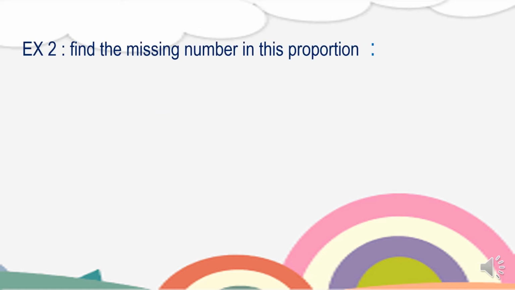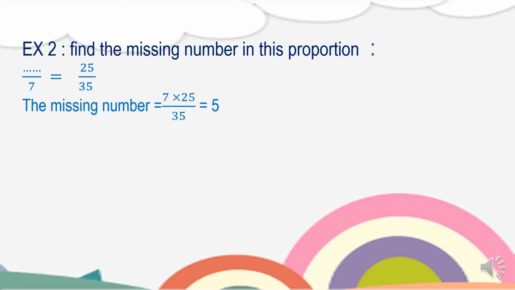Again, find the missing number in this proportion: dot over 7 equals 25 over 35. What do I do? I put a symbol in the dot, or you can put x or a or y, whatever.